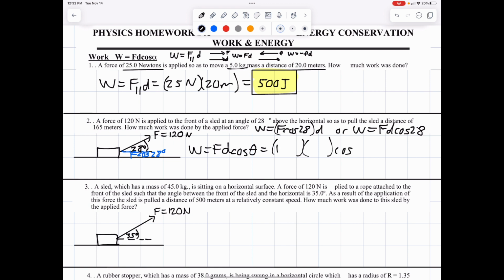Okay, and you're going to go 120 newtons times the distance of 165 meters times the cosine of 28 degrees. Go ahead and put that in your calculator. We should have ended up with about 17,500. At least it rounds to 17,500.